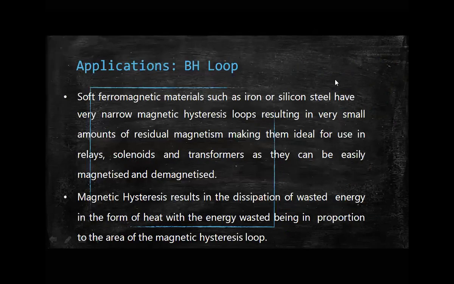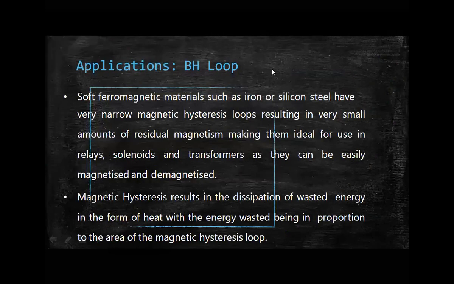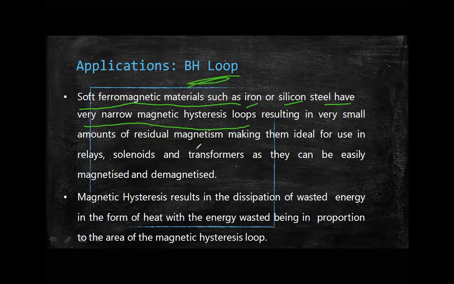And applications: what are the applications, guys? There are a lot of applications. For the BH loop, soft ferromagnetic materials such as iron and silicon steel have a very narrow magnetic hysteresis, so the energy loss is very low.